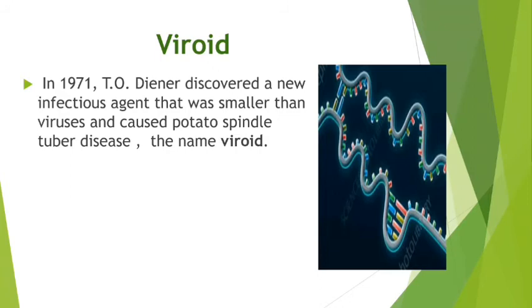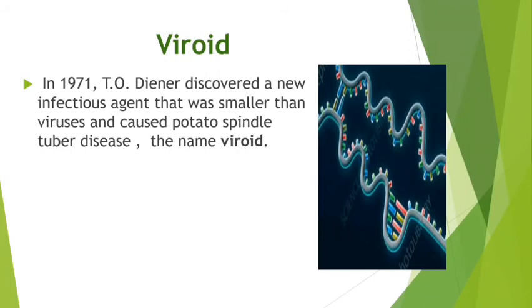And this infectious agent was much smaller than a virus. We know that a virus is much smaller than a cell, isn't it? We came to know that a virus contains only a protein coat and DNA or RNA, isn't it?